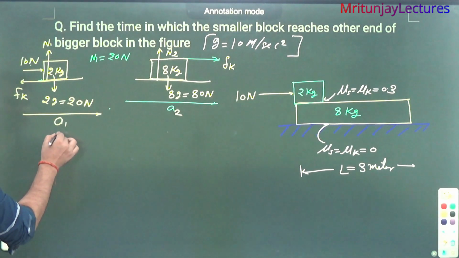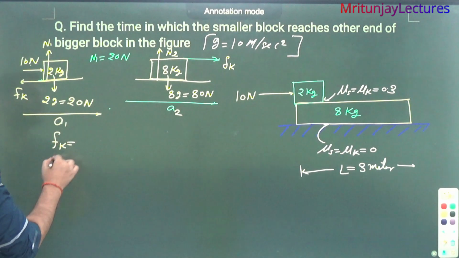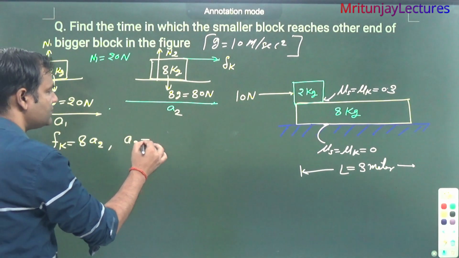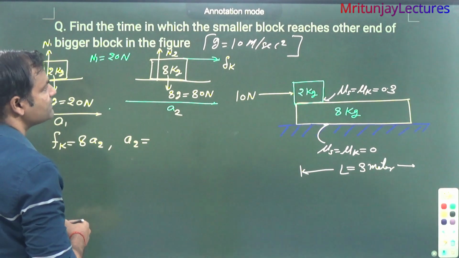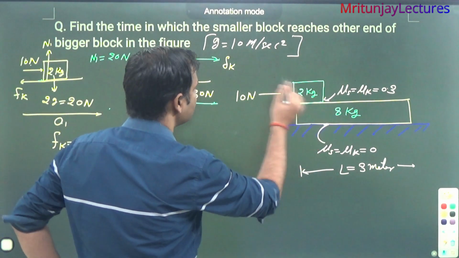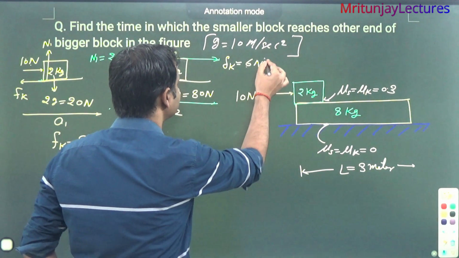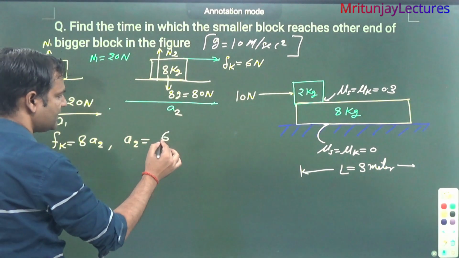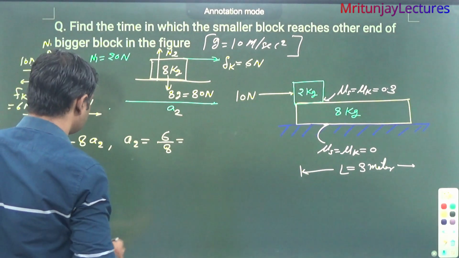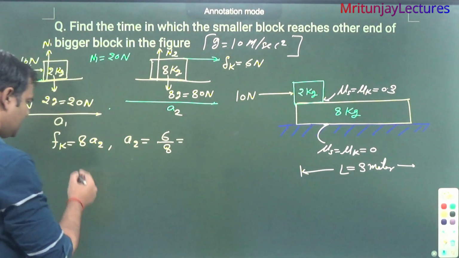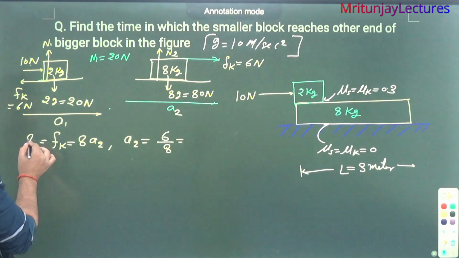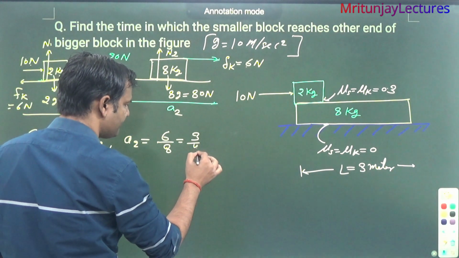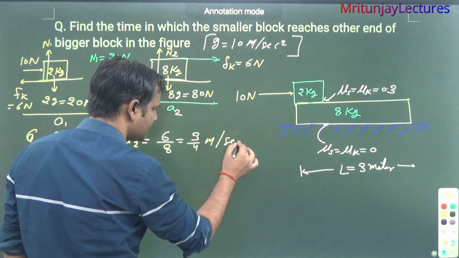Now look here. Fk is equal to 8 into A2. So what about A2? Fk is how much? That is 6 Newton, and this is also 6 Newton. So 6 by 8, so A2 is 6 by 8, or you can say 3 by 4 meter per second square.